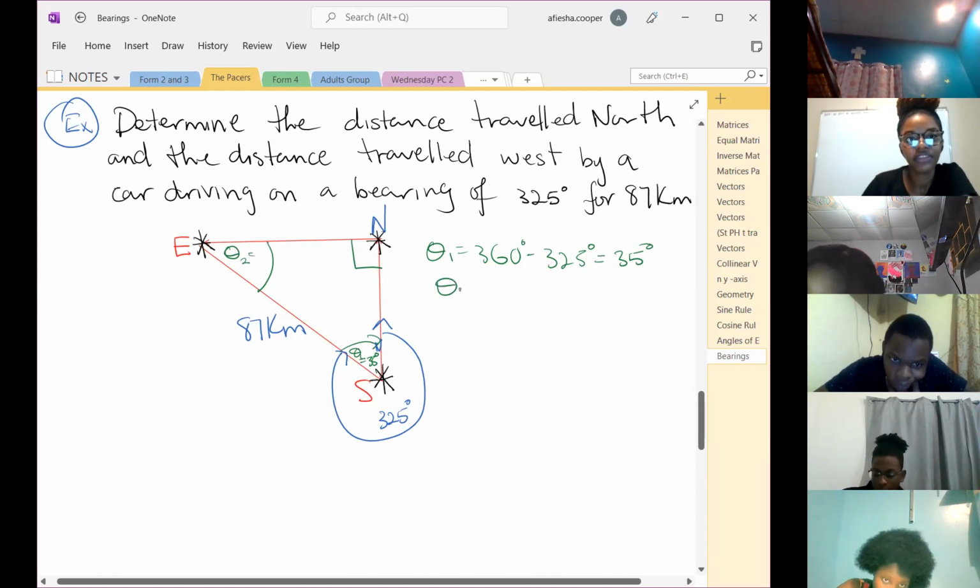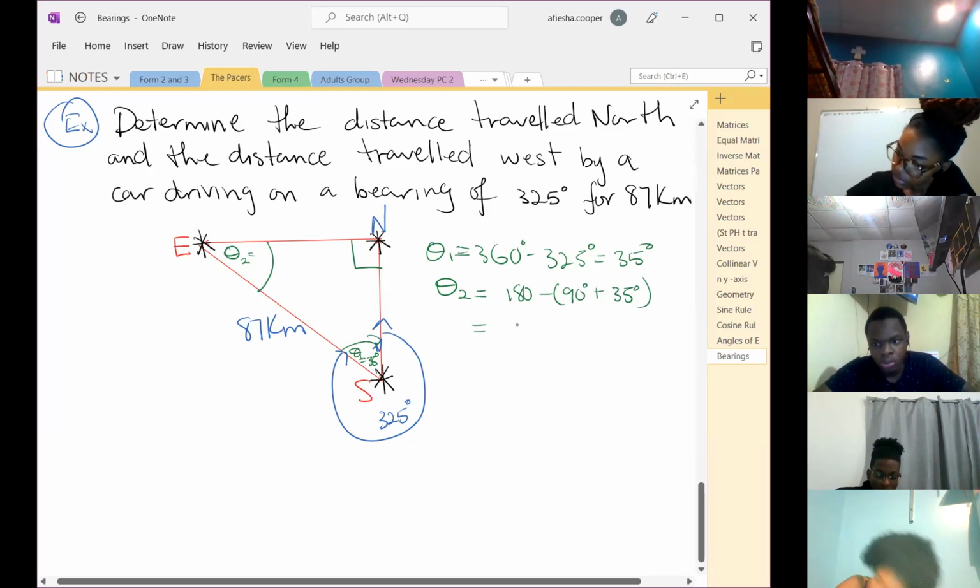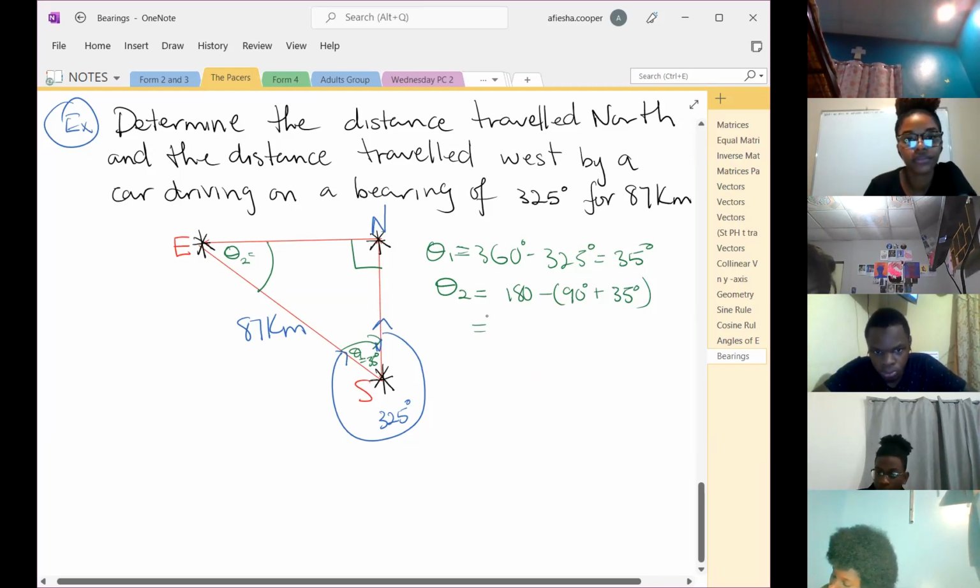But theta 2 is how much? Just to show you all how to think through things. Theta 2 would be 180 minus 90 plus 35, which is how much? What's the answer?